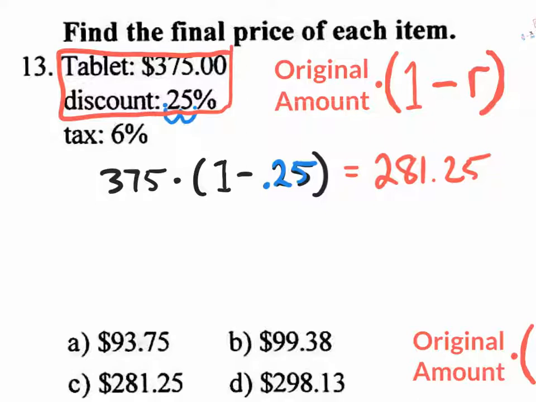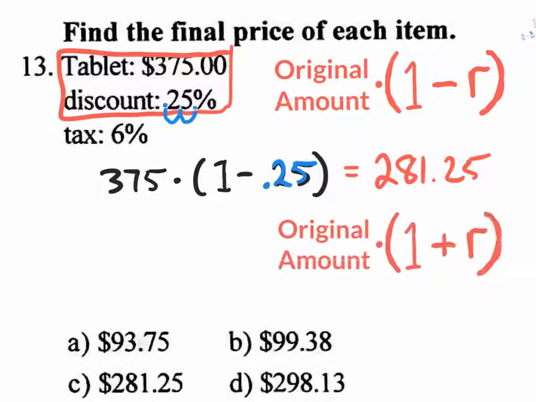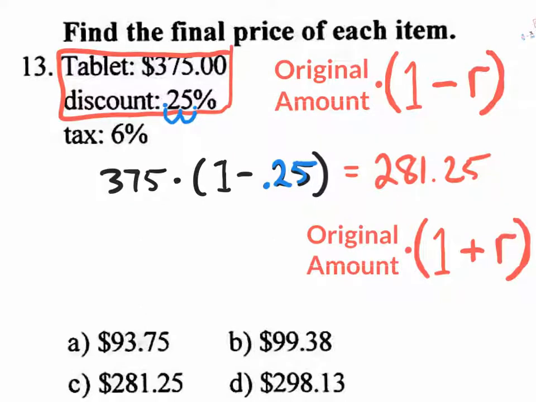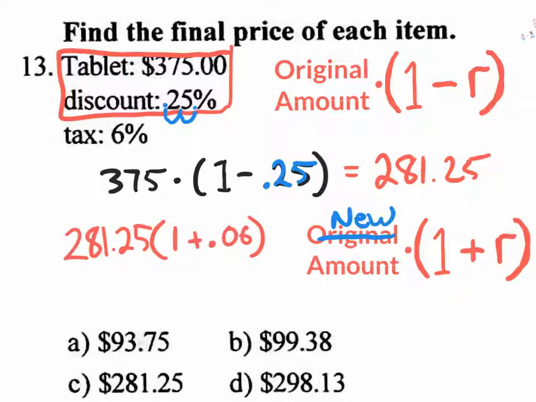So what we're going to do now is use the other formula, the one with the plus, because now we're going to add on taxes. I guess it shouldn't say original right here. It should say new, your new amount. So when we plug it in to the new formula, here's your new price, times parenthesis 1 plus, because we're doing taxes, it's going to make the price go up. Now the percent on the taxes, again, you want as a decimal.